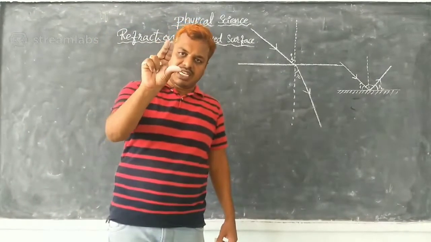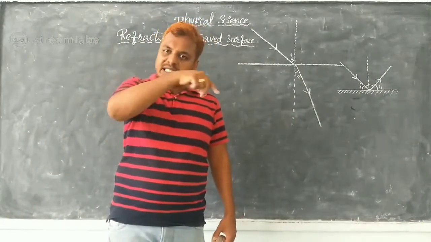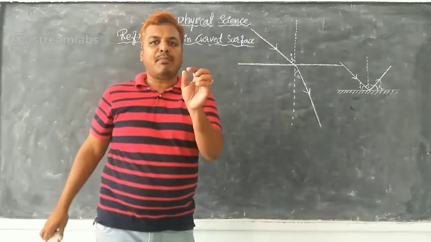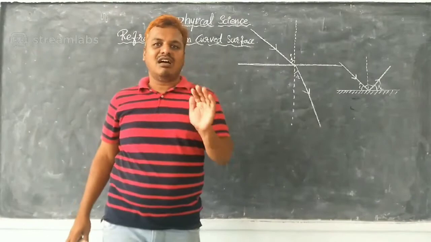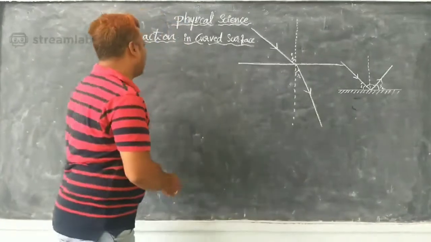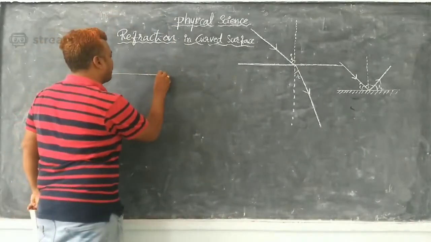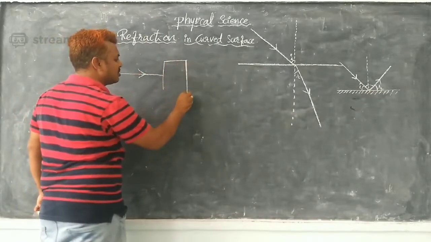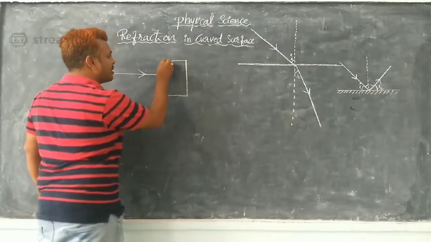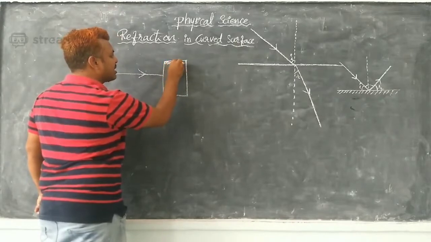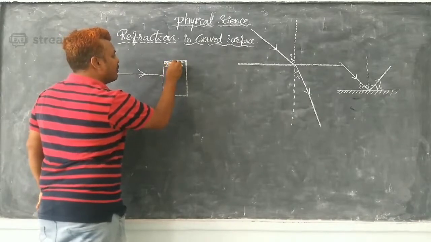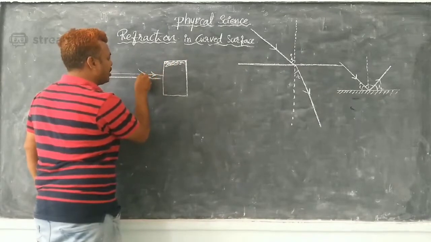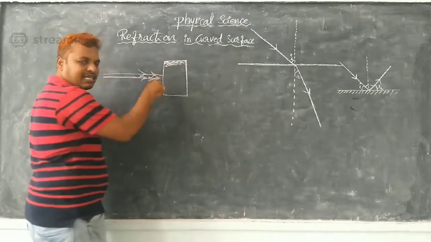The velocity of light will decrease because, while traveling through a medium, the material particles obstruct the flow of the light ray. Now the light ray is traveling into a glass slab. The particles inside the glass slab obstruct the light rays which are coming and falling on the surface of the glass slab.